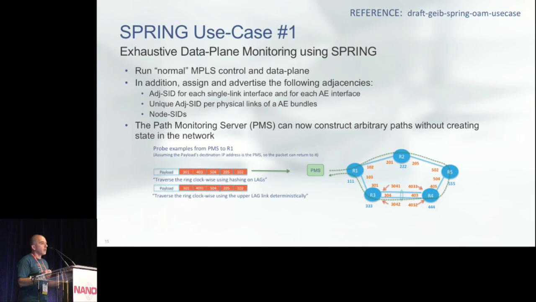Now, if you do care about which link you exercise predictably, then you can make a slight modification to that stack, and the next-to-last label here is now 4011, I think, or 4031, which causes this packet to be steered through the top link in the bundle and exercise that one predictably. And then lastly, using that concept of stack compression, if you don't care about all these specifics and just wanted to exercise a link, you can say, hey, get that packet to router 4, and then just exercise the top link in that bundle and then get it back to the path management server.